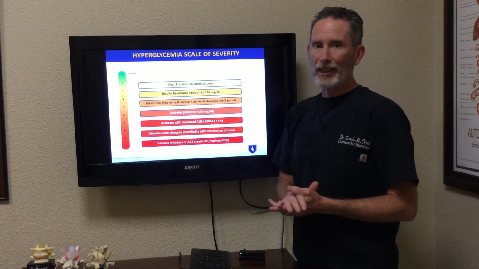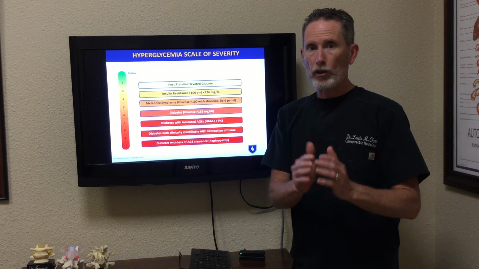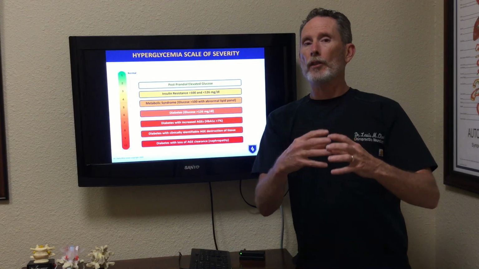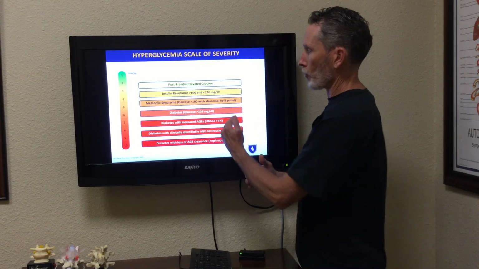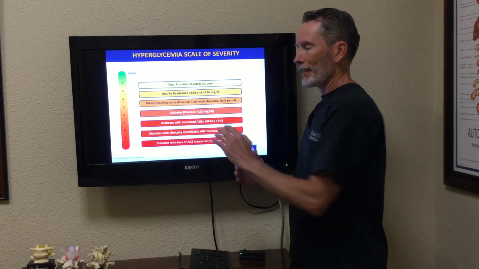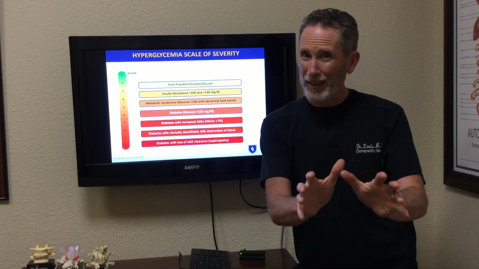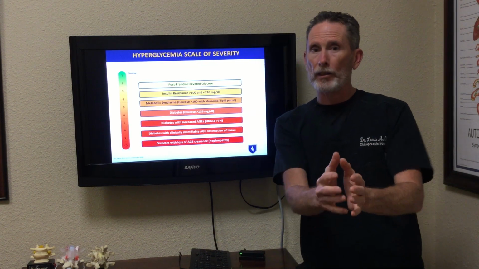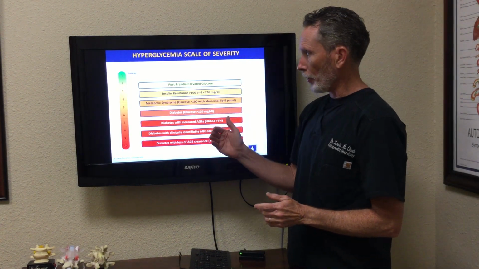Then it progresses into insulin resistance. This is where your insulin levels have been elevated for so long that the cell is beginning to resist insulin and not allow it to get the blood sugar into the cell.